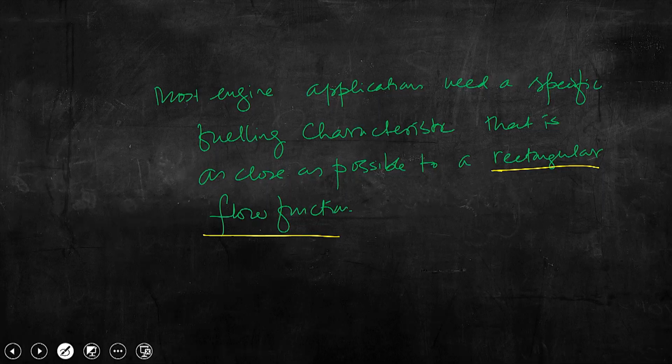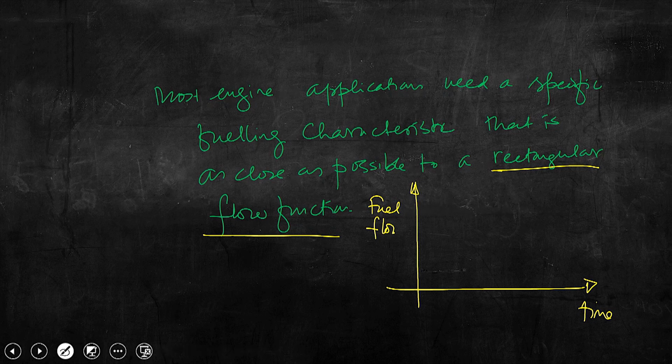If we plot time against fuel flow, when we switch on it takes less time, then there is continuous, almost constant flow for a certain period, then again switching off, and so on.